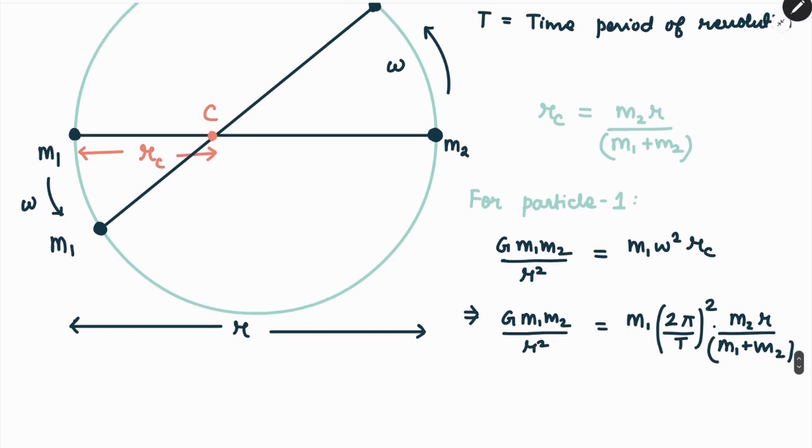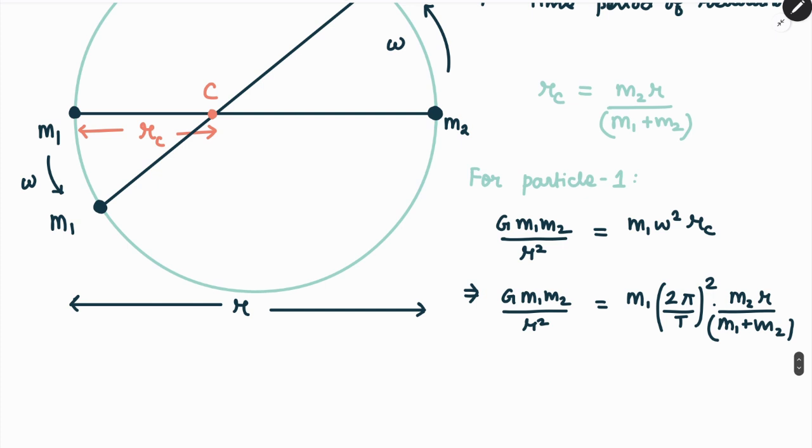So we are solving for a small r, that is the separation between the two. If we cancel this out, m1 m2 cancel out. M1 plus M2 is the total mass of the system, that is capital M. So therefore we can say that R cube equals G capital M, that is M1 plus M2, upon 4 pi square and then T square.